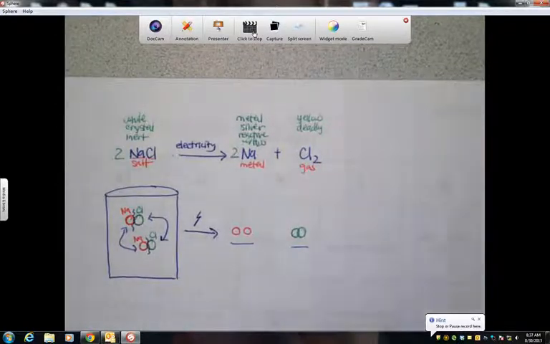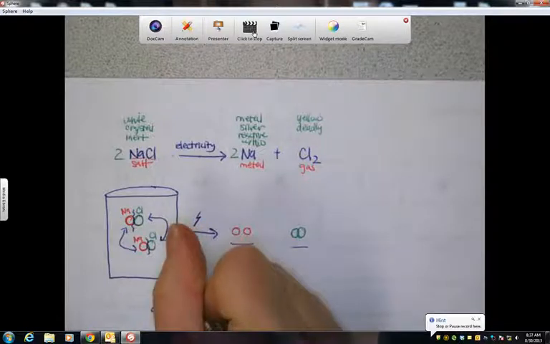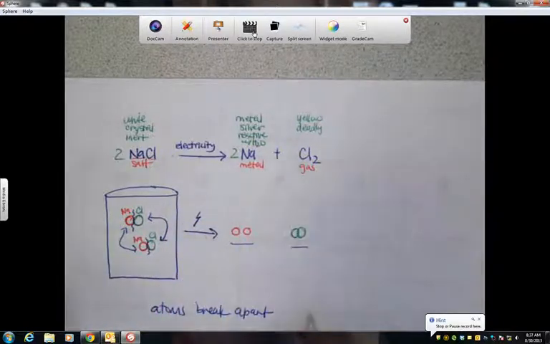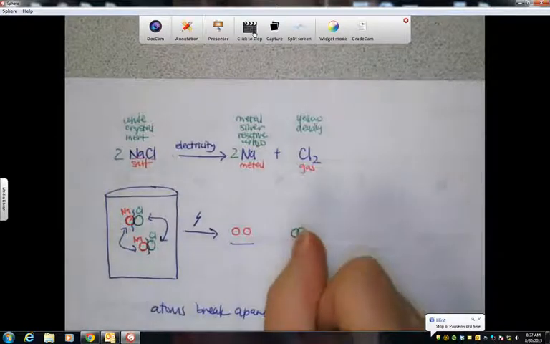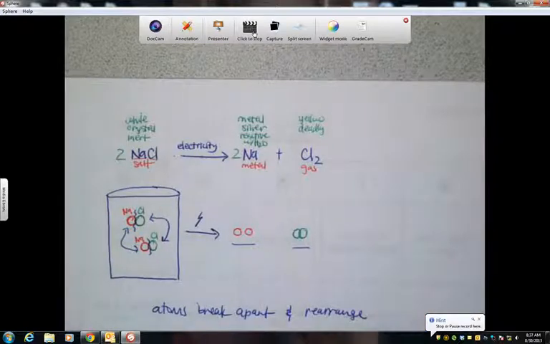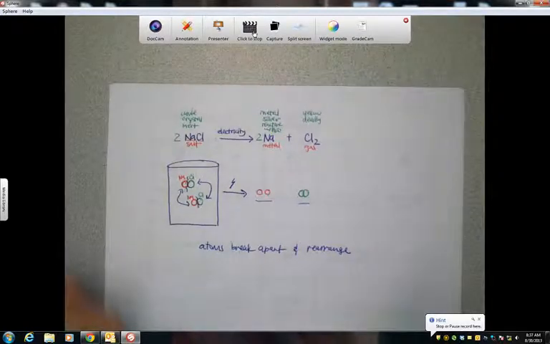It's atoms, what it's made of, those atoms actually break apart. So atoms break apart from each other, not the actual atom breaking apart. And they rearrange to form new substances, okay? So let's zoom out again and we'll go back to our original paper here.